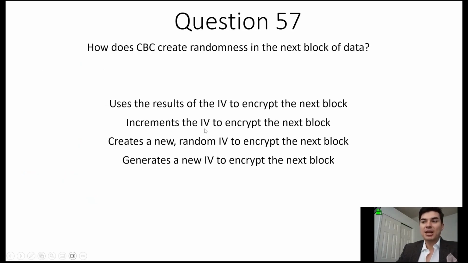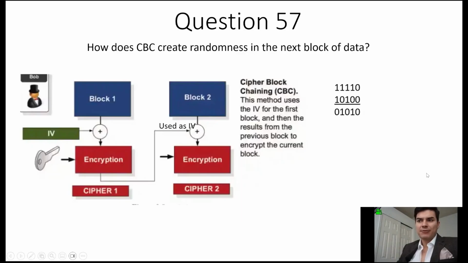Question 57, how does chain block ciphering create randomness in the next block of data? So chain block ciphering uses the results of the initialization vector to encrypt the next block of data. That's the answer. The second option here, increments the initialization vector to encrypt the next block. Well, it's saying increments, so you know that's the counter mode where it just keeps counting up. So with the first block of data, this is the data. It goes through this initialization vector, then it's encrypted, creating this Cipher1 text.